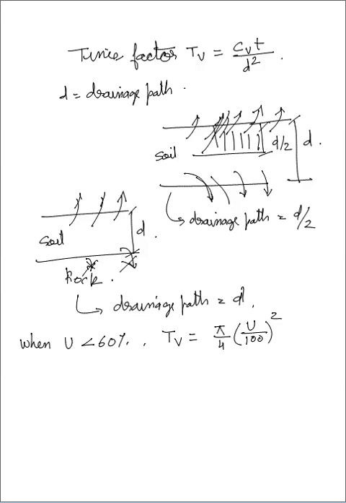And when U is greater than 60%, we have the formula TV = 1.781 minus 0.933 log to the base 10 of (100 minus U).